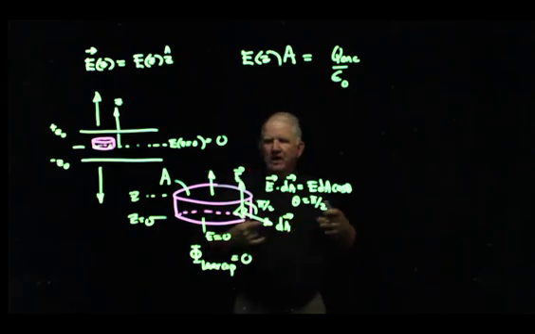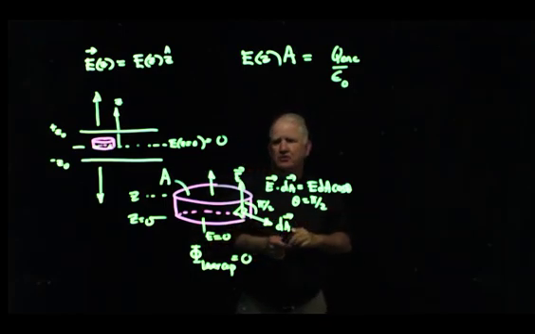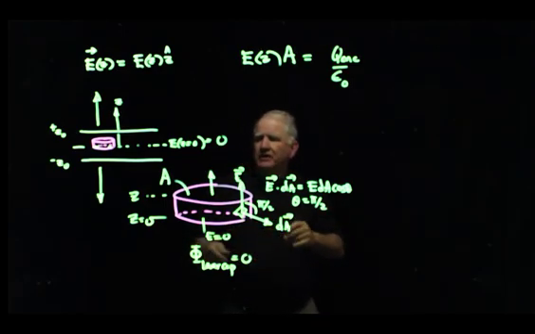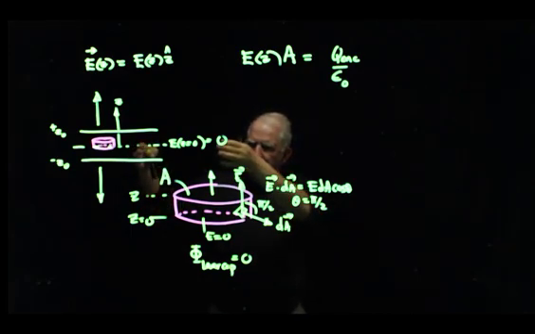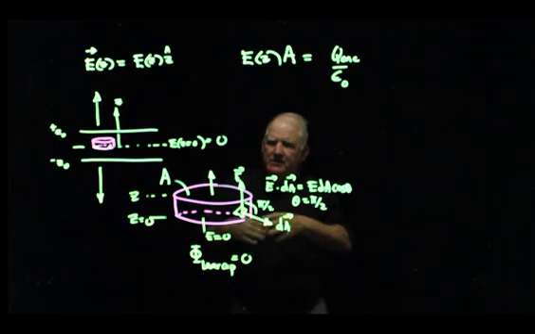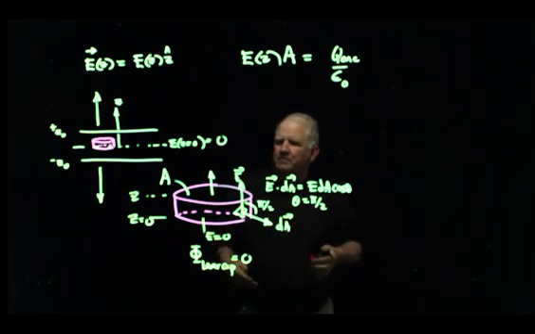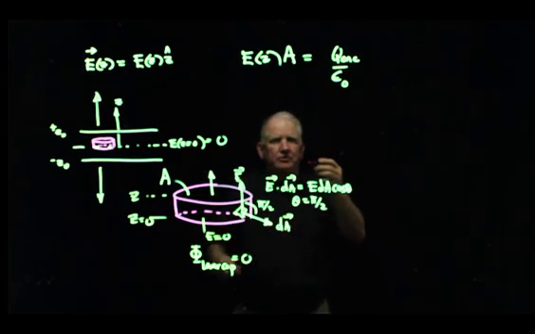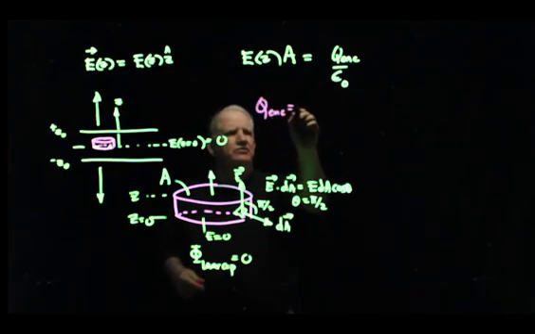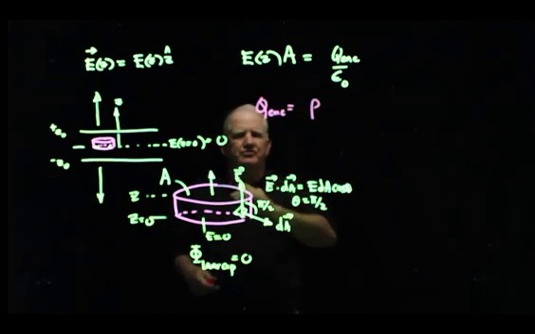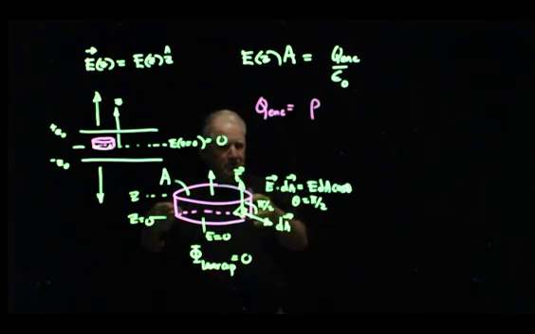Okay, so now we ask ourselves, what is the charge enclosed? We were given at the outset that this charge slab has a uniform volumetric charge distribution, and so Q enclosed is just that uniform charge distribution times the volume of this little pillbox.